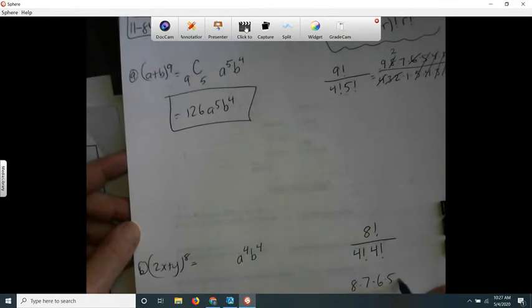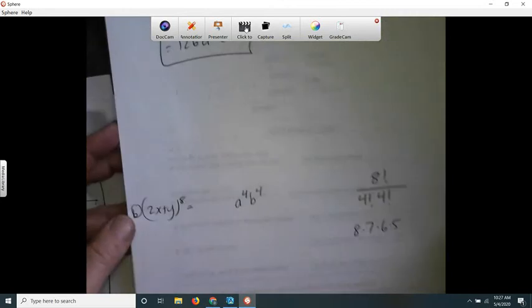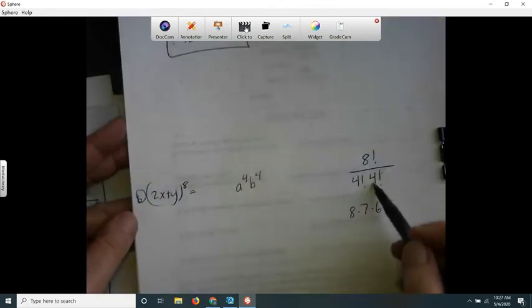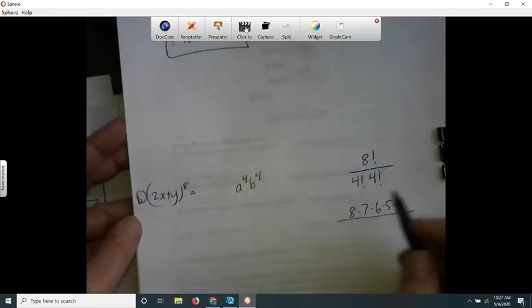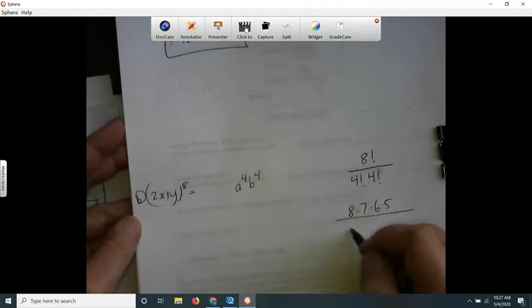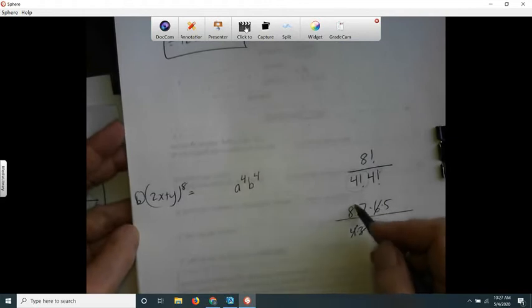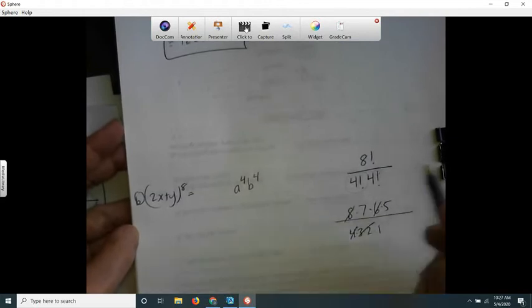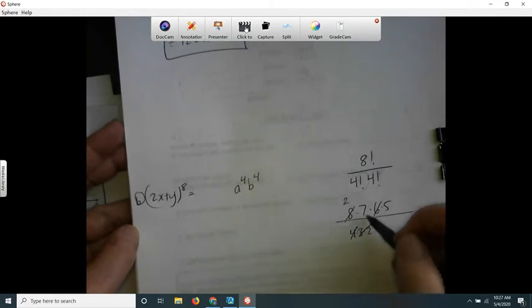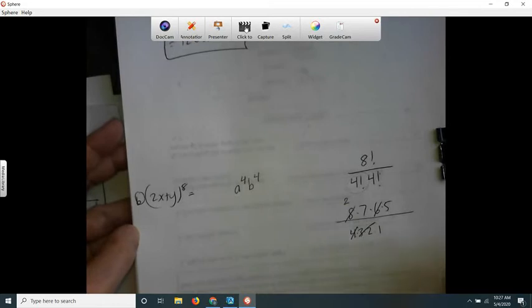I'm not going to write the 4, 3, 2, 1 because it's just going to cancel out with this 4, 3, 2, 1. Let's see, 3 times 2 makes 6. This 4 and this 8. 7 times 5 is 35, and 35 times 2 is 70.